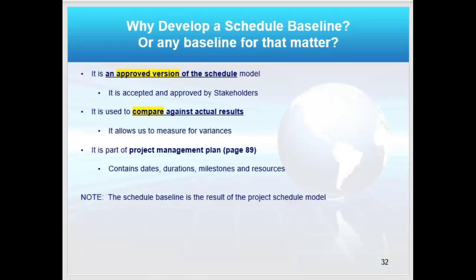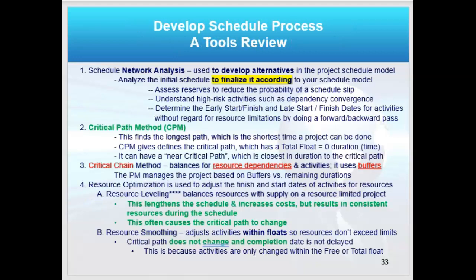Because that approved version of the schedule model is accepted by the stakeholders, and it gives us something to measure against, to compare against as our schedule unfolds. Now, when I develop the schedule, there are plenty of tools. I can do network analysis. So I analyze the schedule I've created before I finalize it. I can also use critical path method, which is one of the precedence diagramming methods we talked about.